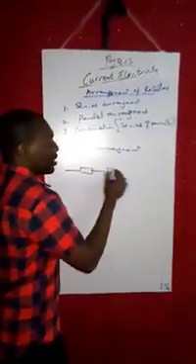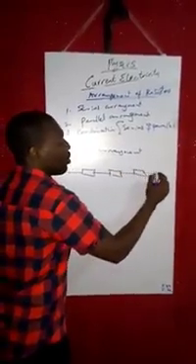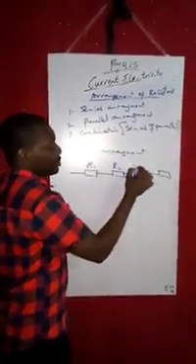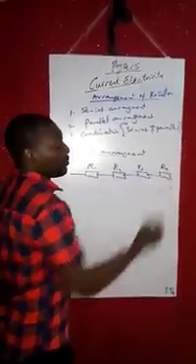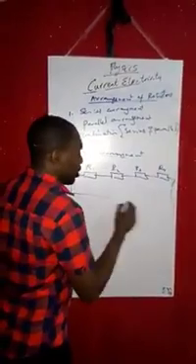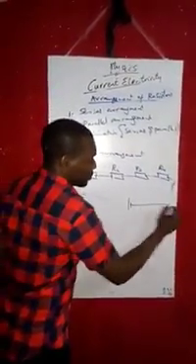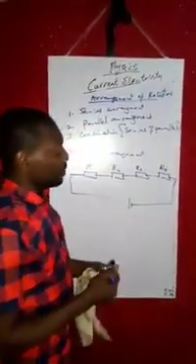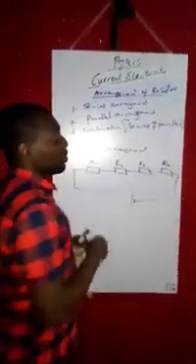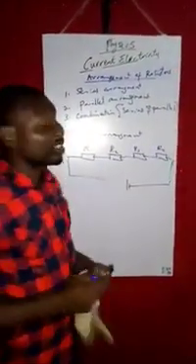So in series arrangement, let's take it that we have four resistors, R1, R2, R3, R4, in series from a source, say a cell. So we have this cell supplying current through these four resistors.